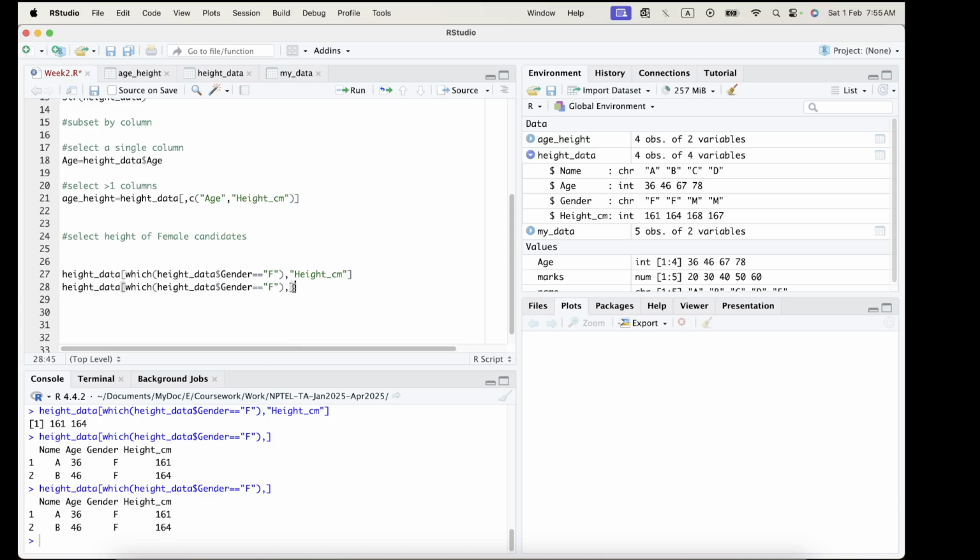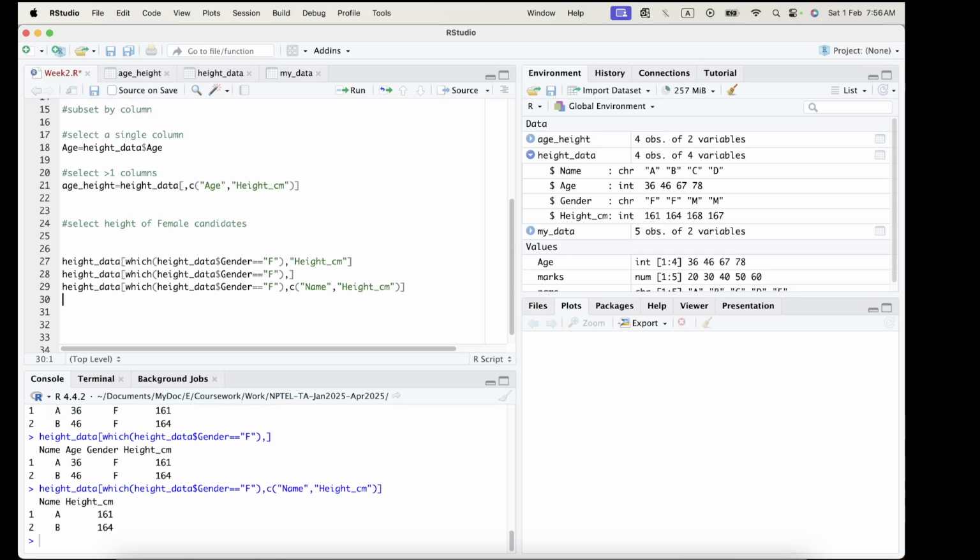And if I want not all but a few, I'm going to write this thing, and here within this c I'm going to mention whatever I need. So I might want the name and the height. Alright, so this is how I'm going to select columns or rows of this data set.